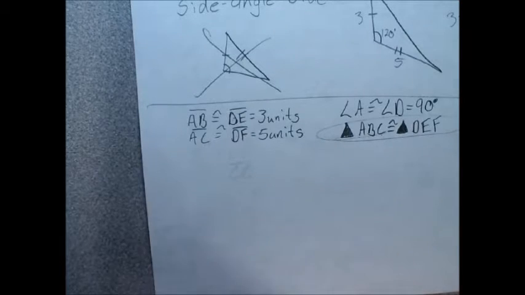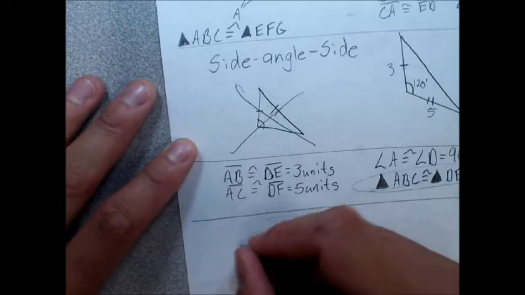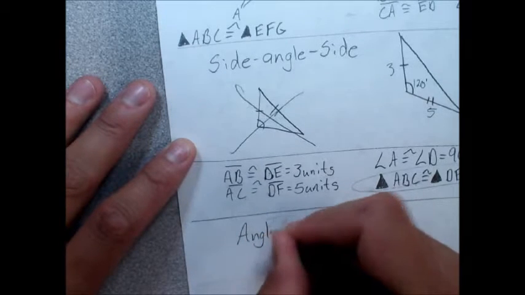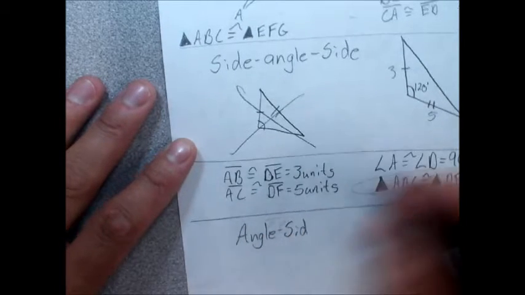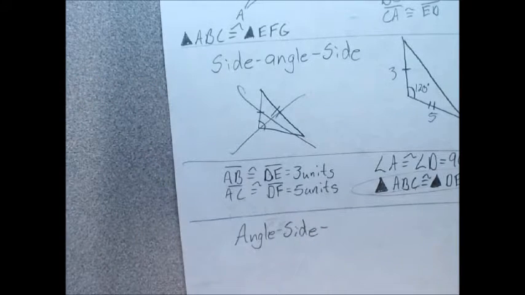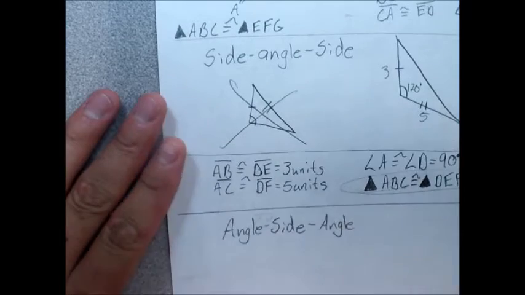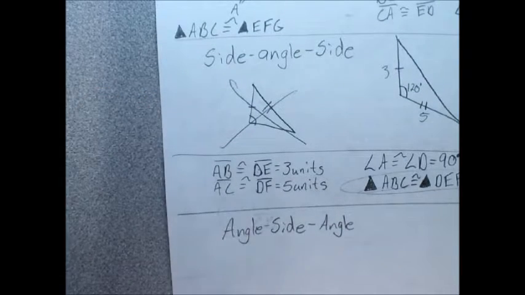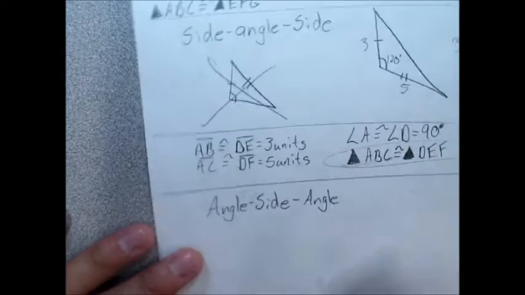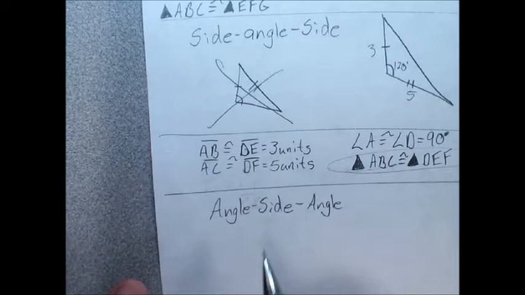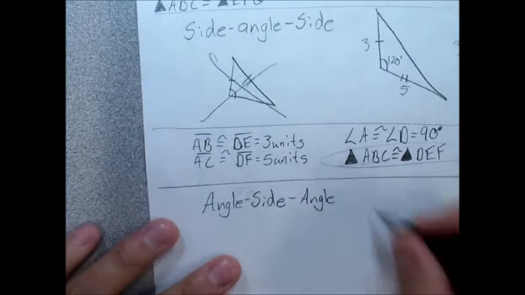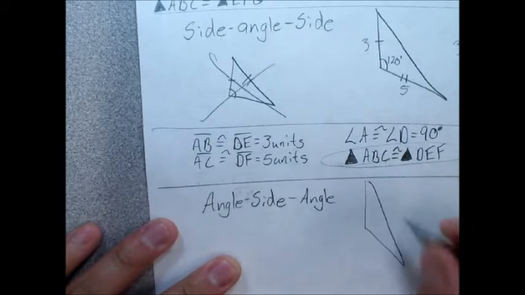This next one is angle, side, angle. Did you use angle side side? I just discussed that that one was not a thing. Angle, side, angle says the same thing. We're going to sandwich one side in between two angles, and we'll use that to create a congruent triangle.